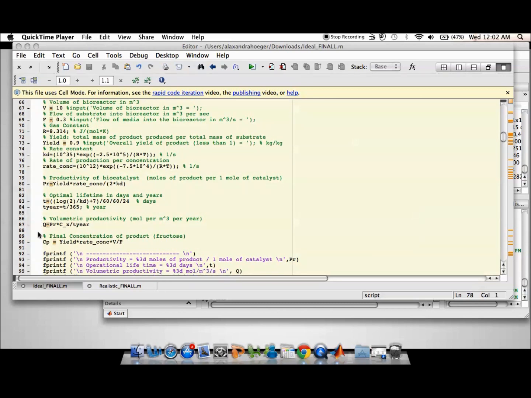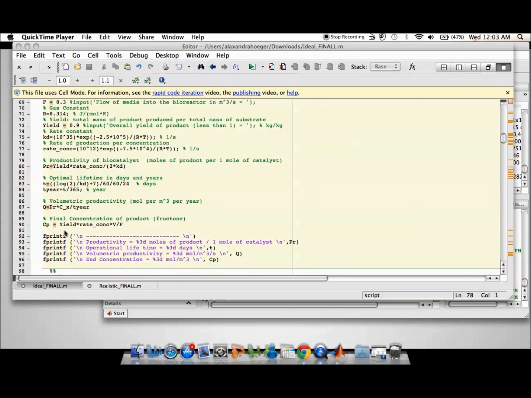And then we can calculate the final concentration of the product, which in this example we were working with is fructose. So it's just the yield times the rate concentration times the volume divided by the flow. And then you just print out all of these. It tells you what the productivity is of the biocatalyst, the operational lifetime, and the volumetric productivity, as well as the end concentration. So that's it for my part of the code, and we'll move on to the next person.